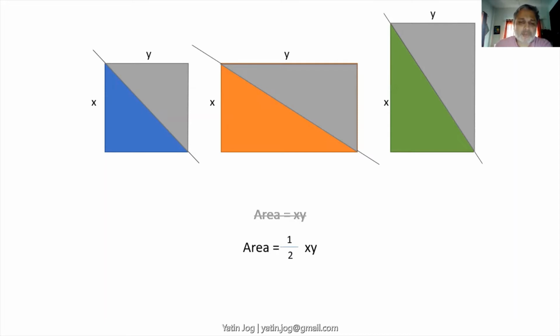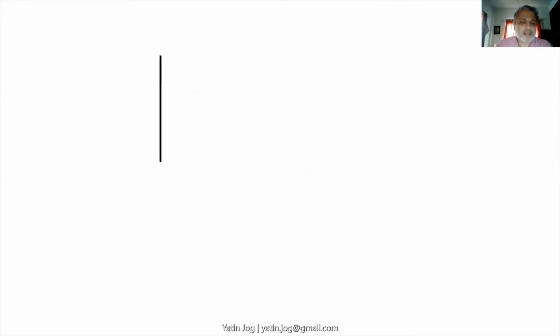Now we'll move to the main concept of (a plus b) bracket square. We know the area of a quadrangle, we know the area of a triangle. Consider any arbitrary line of any length, and I'll take one arbitrary point on that line. I'll call the length of the first portion of that line a and the length of the second portion b.